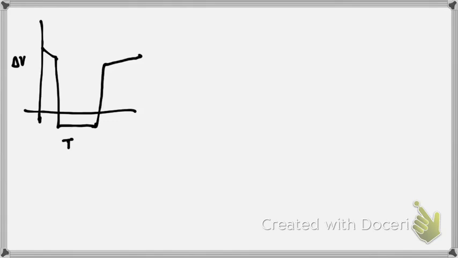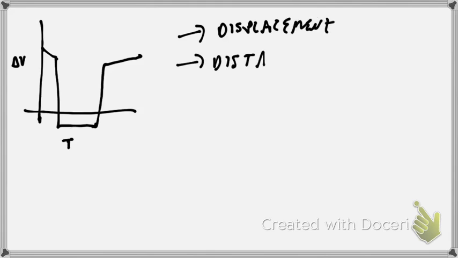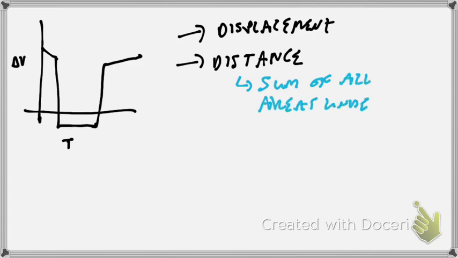All right, so we can look at displacement and distance. All right, distance will be equal to the sum of all areas under the curve.